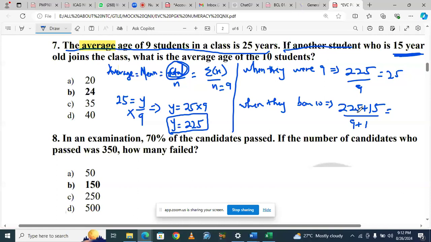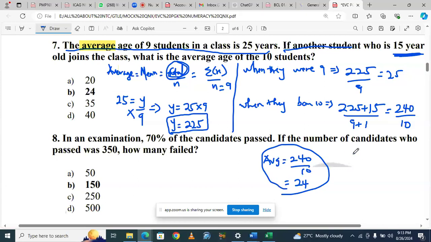So 225 plus 15 years gives 240. And 9 plus 1 gives 10. So now if you are finding the average, the average is equal to the total, which is 240 over 10. What then becomes our answer? 24.